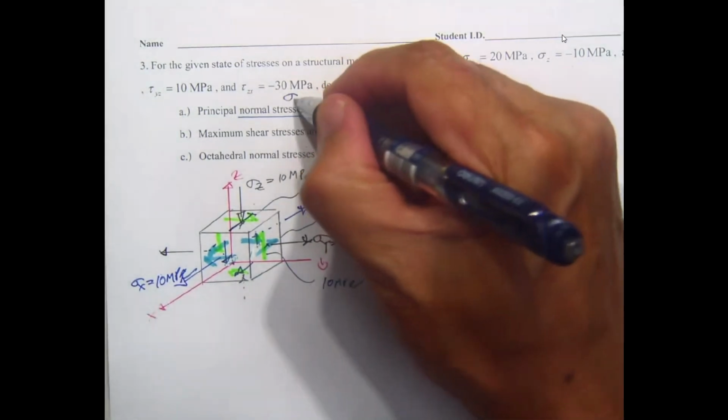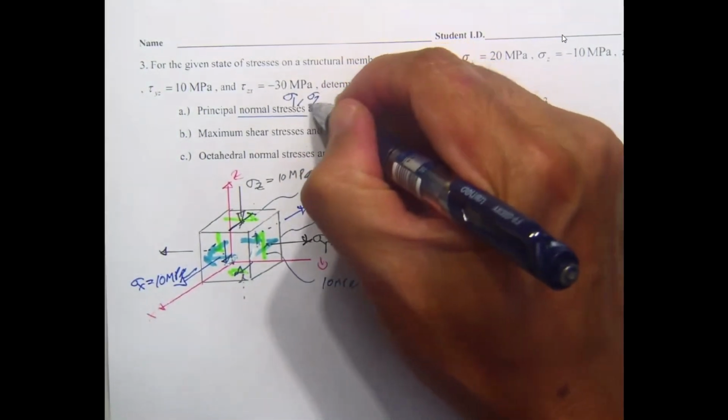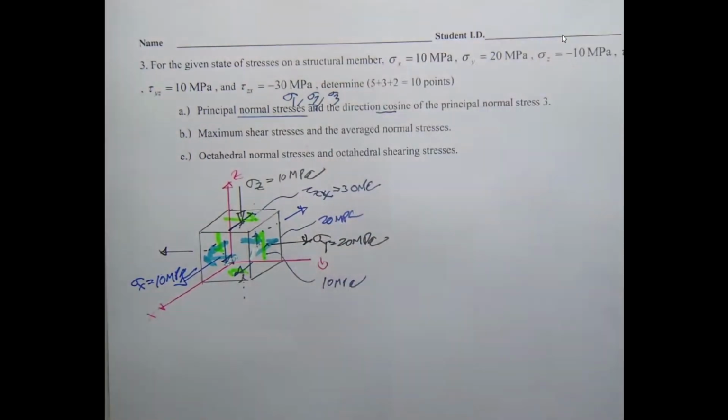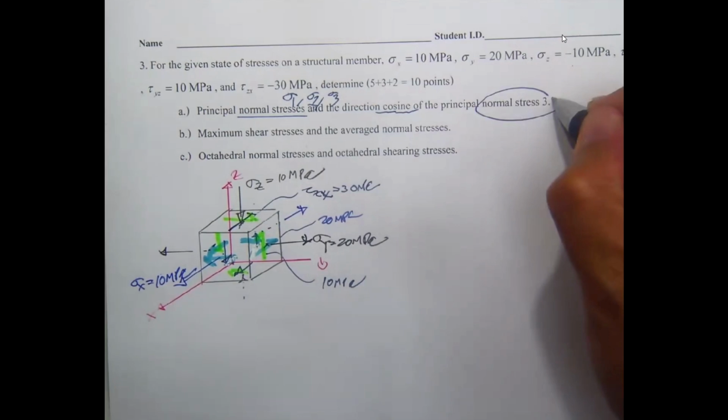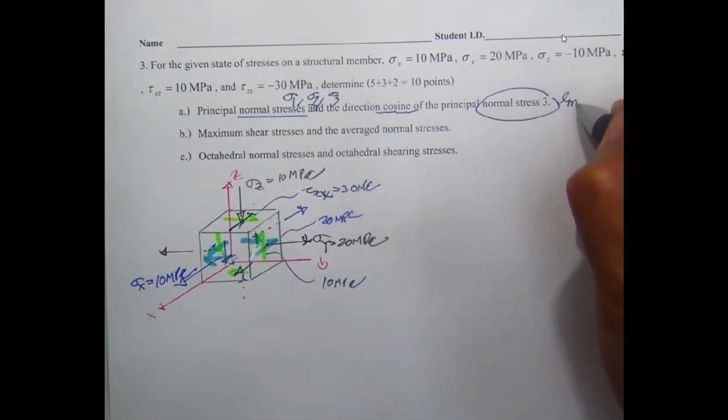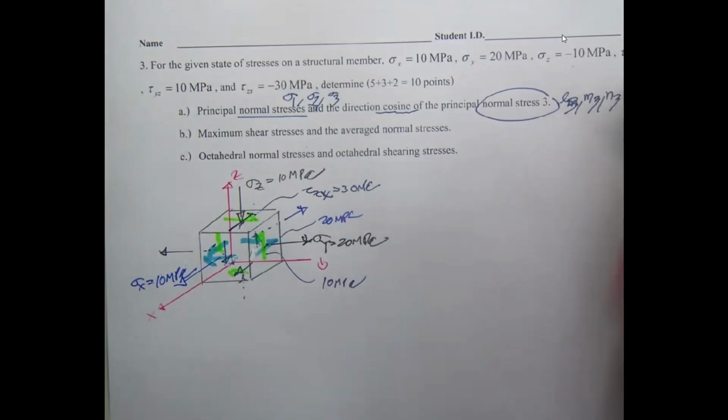This is going to be sigma 1, sigma 2, and sigma 3. And for the coordinate direction cosine, only for sigma 3, that means L3, M3, and N3.